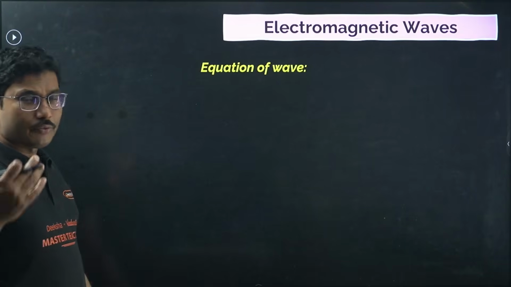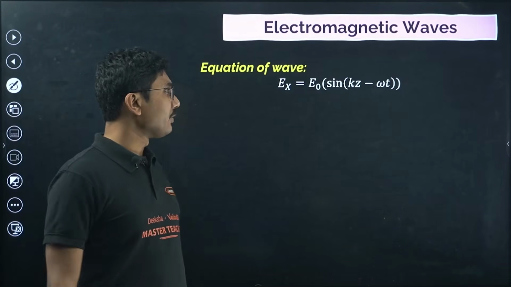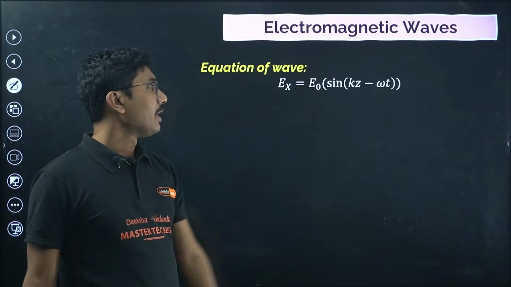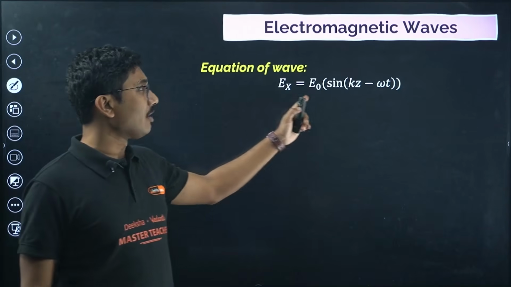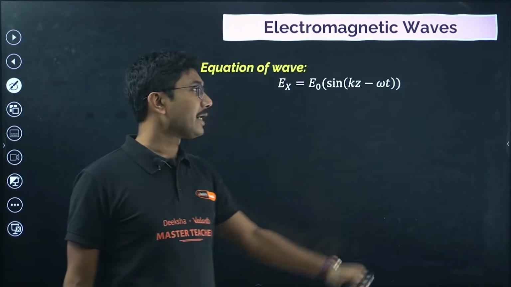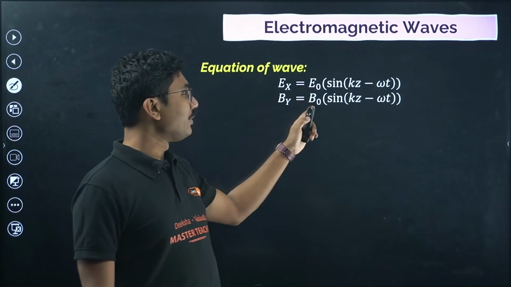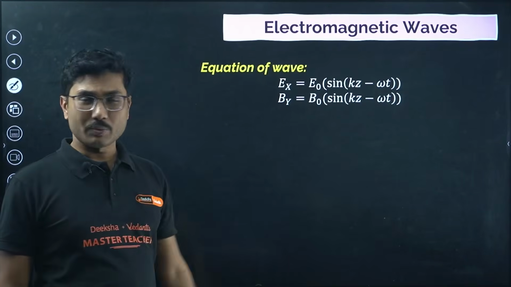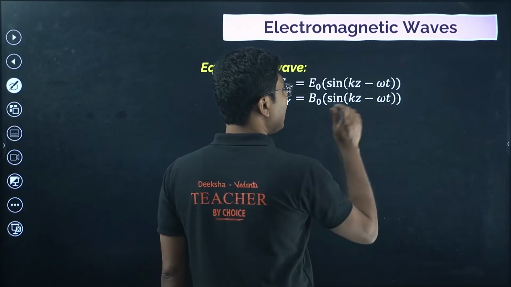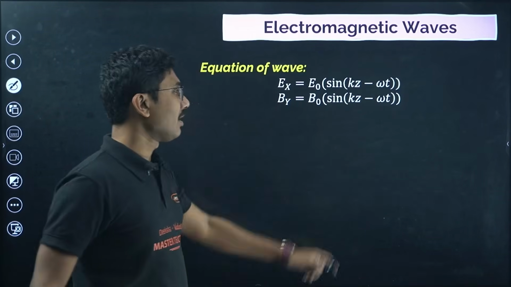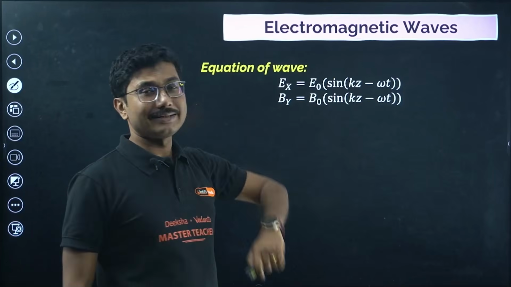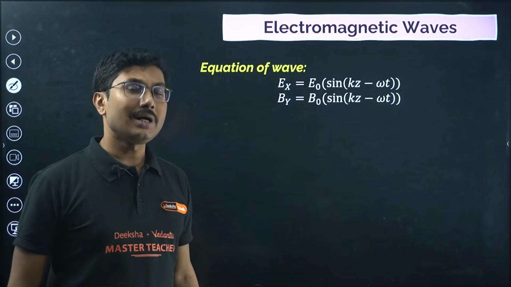Now the equation of waves. If you solve those four equations, you will get an equation similar to this. The electric field is given by E naught sin(kz minus omega t), and By is equal to B naught sin(kz minus omega t). Omega is the angular frequency, k is the wave vector or wave number, and z is the direction of propagation of the electromagnetic wave.